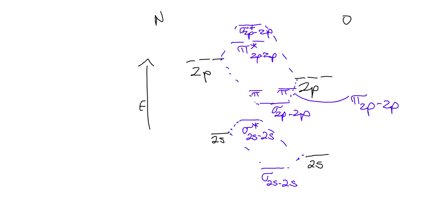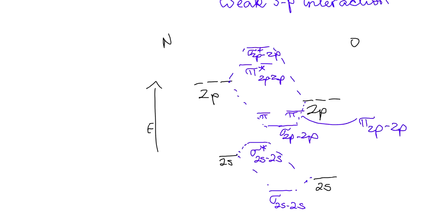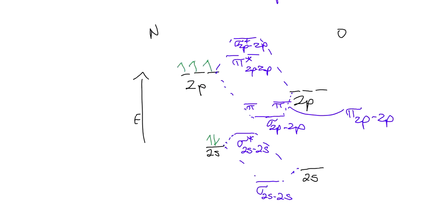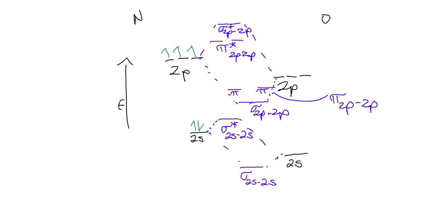Okay. Now for nitrogen, it's 1s2, and then we know it's 2s2, and then 2p3. For oxygen, it's 1s2, 2s2, 2p4.